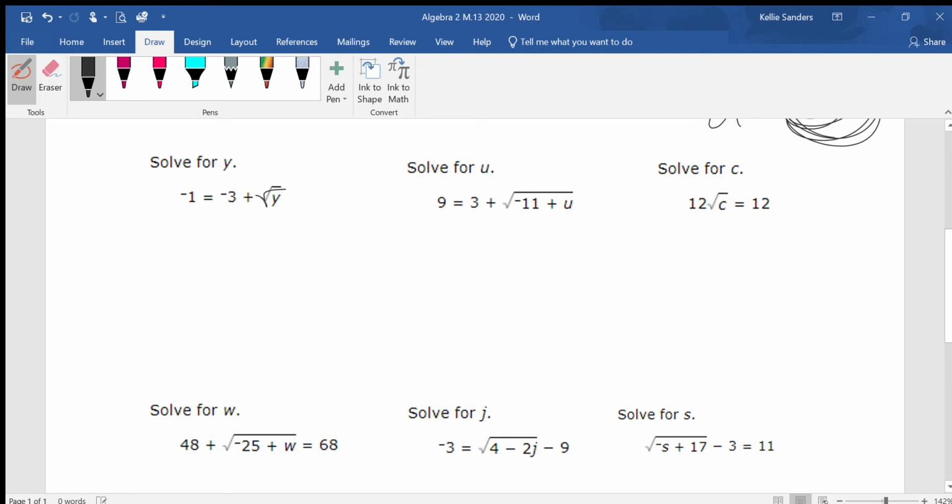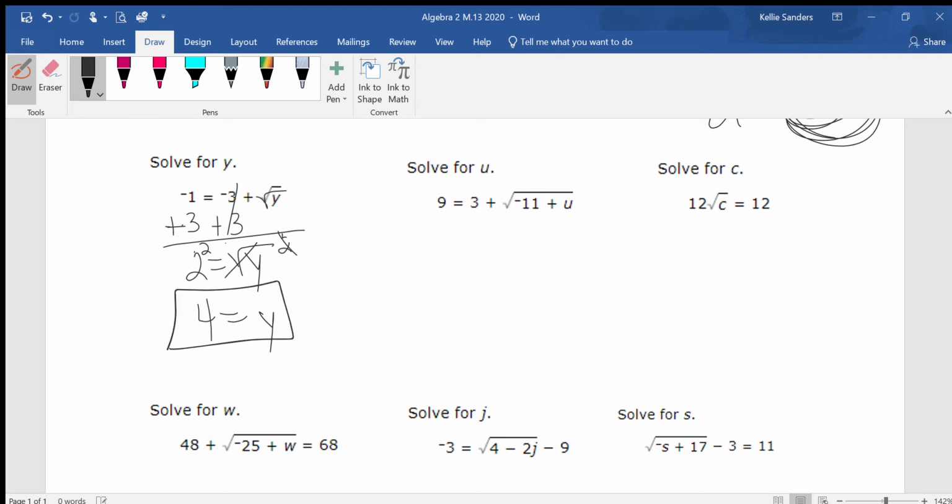So on this, you want Y by itself. So the first thing you're going to do is get rid of the 3. It's a negative, so we're going to make it positive. Now we want the square root to go away, so I square both sides. 2 squared is 4. The square root of square is gone, so Y is 4.